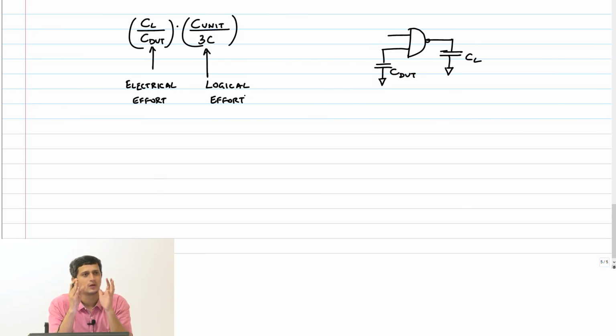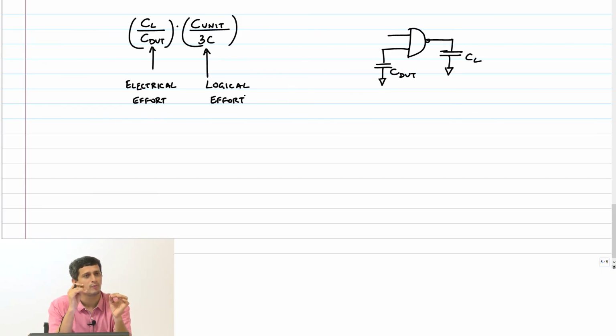Electrical effort is so called because it has to actually charge that particular capacitance value. It has to do the work to charge that capacitance in that particular circuit, whatever value there is. On the other hand, logical effort has nothing to do with what load capacitance there is, what input capacitance there is. It is purely a capacitance that arises because of the topology of the gate.